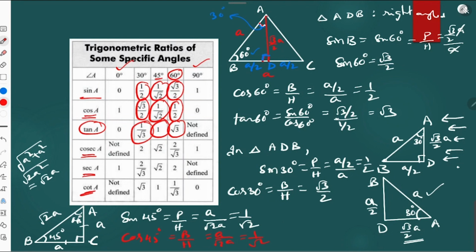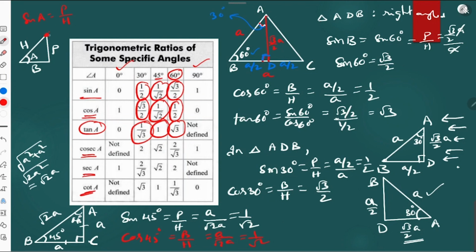Now, there are some special angles, 0 degrees and 90 degrees. So here, sine 0 degrees. According to the definition, sine theta is perpendicular by hypotenuse. If you observe this right angle triangle, this is perpendicular, hypotenuse, and base. If angle A is 0, what do you mean by that?